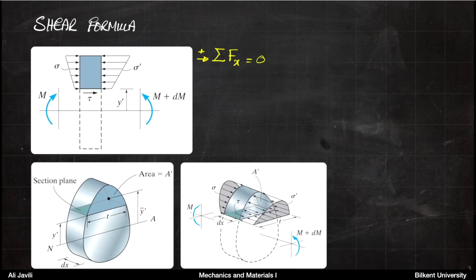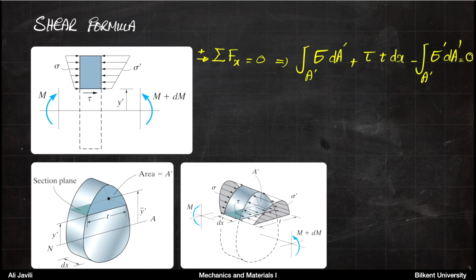Okay, so this is the same picture basically. Now we write the equilibrium of forces, assuming that the direction towards right is plus. So on the left hand side, the force would be integral over A prime, sigma dA prime.